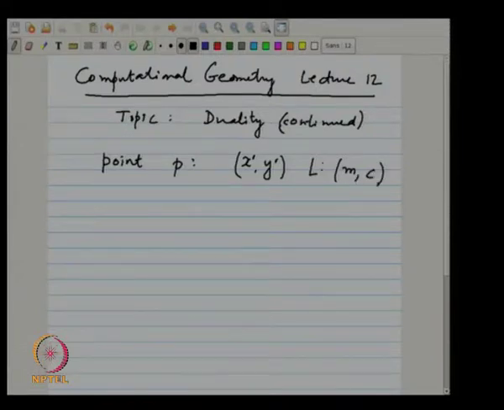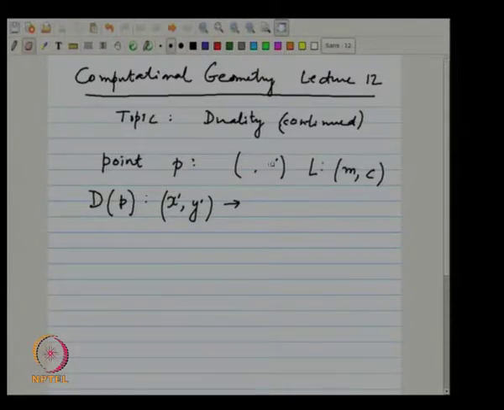Now, D of P I am defining as x prime, y prime is mapped to, okay, actually let me change the notation so that there is no confusion later on. Let me use a, b instead of x prime, y prime, because we normally use the parametric equations in x and y. So, let me change that to a and b.